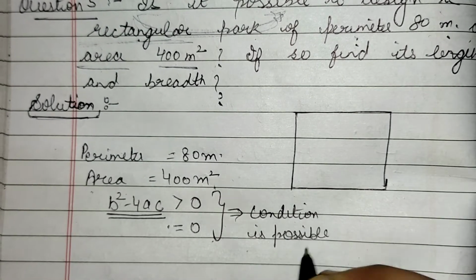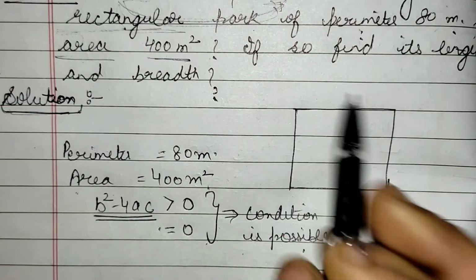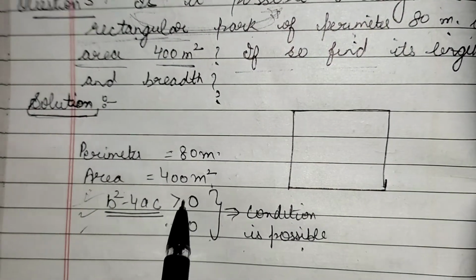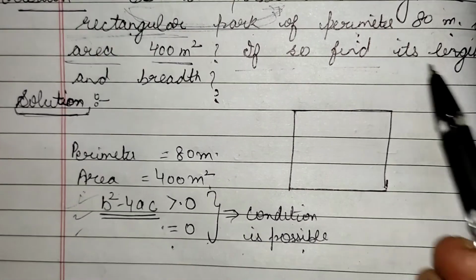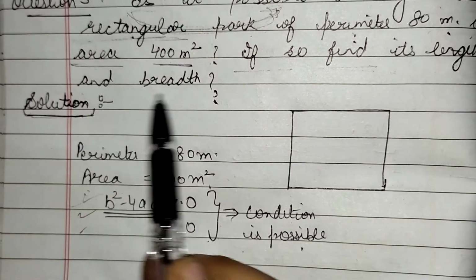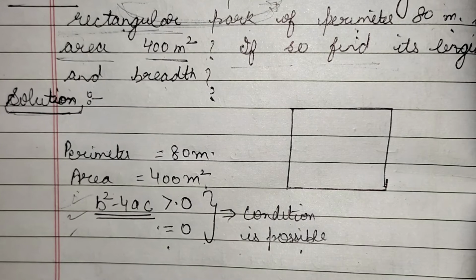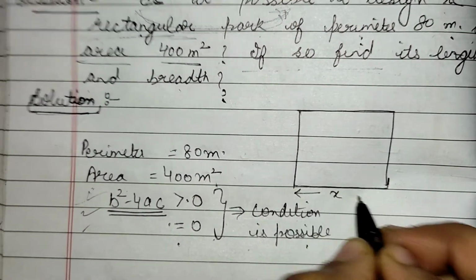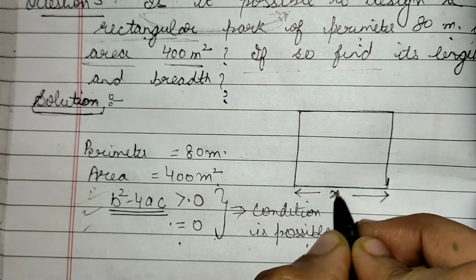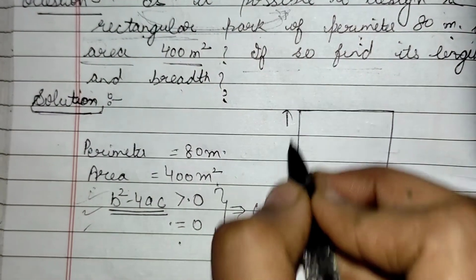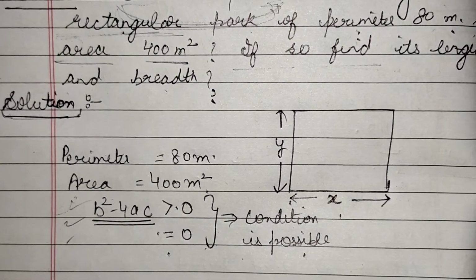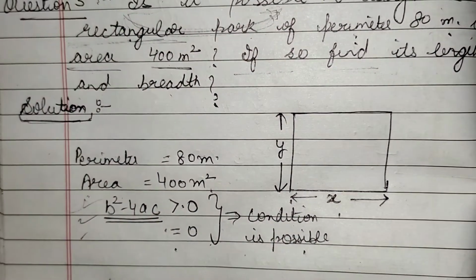The second part is asking, if this condition is possible, then you have to find out its length and breadth. So let us assume that my length is x and this value is suppose y.